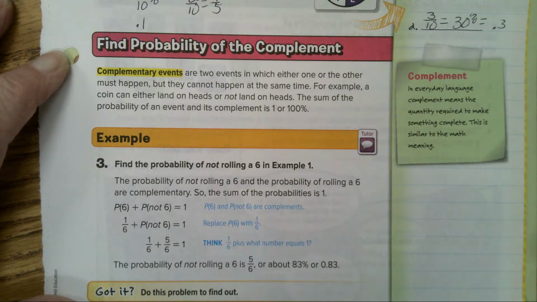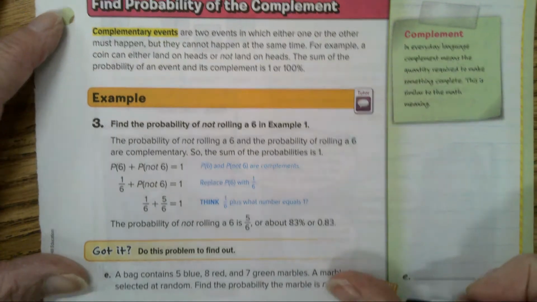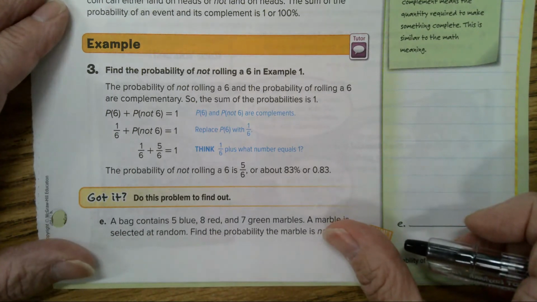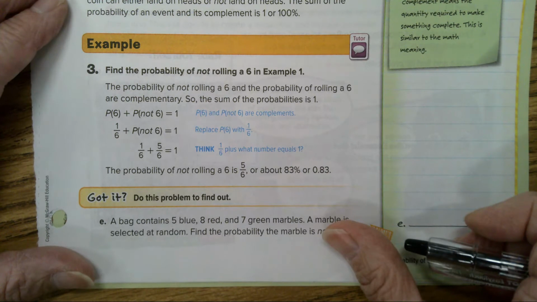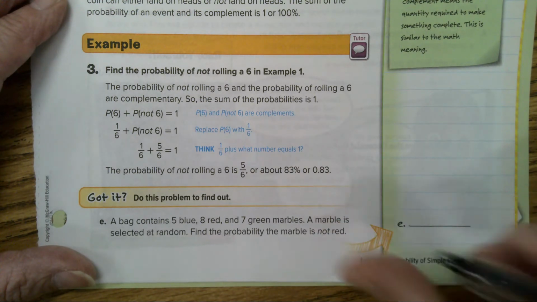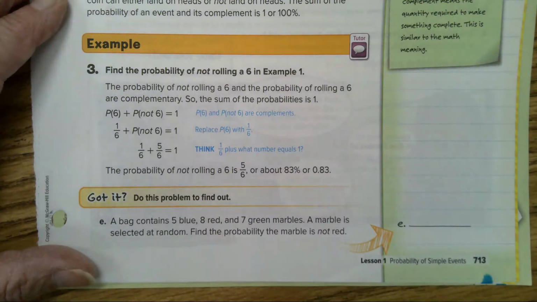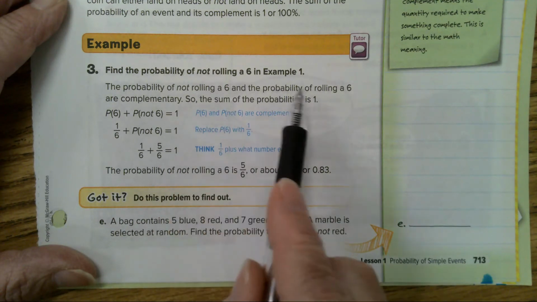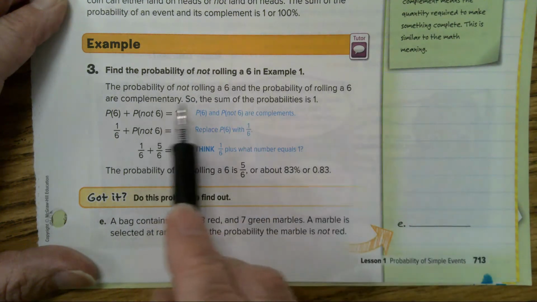Okay, now let's look at example 3, and I think it'll make a little more sense. Find the probability of not rolling a 6 in example 1. Well, the probability of not rolling a 6 is 5 out of 6, right? There's only one way. So, it says the probability of not rolling a 6 and the probability of rolling a 6 are complementary.